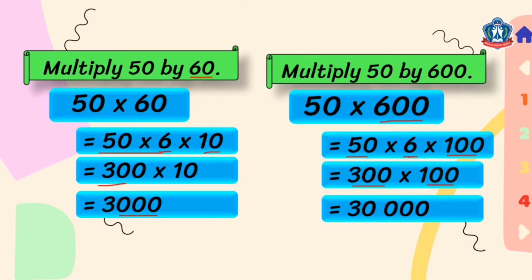So count how many zeros we have: 1, 2, 3, 4. So if we multiply only with 60, we have 3 zeros, and if we multiply by 600, it becomes 4 zeros. So children, if we multiply numbers with tens or hundreds, the numbers become bigger.